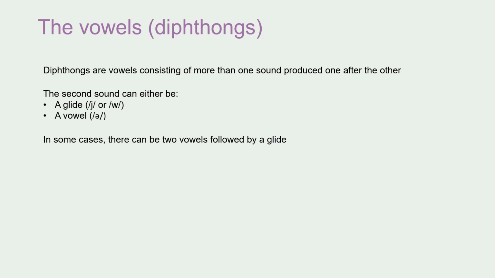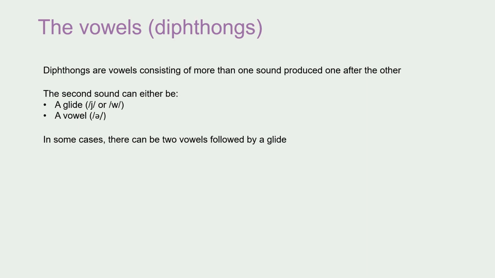It involves a movement of the tongue, essentially. The second sound can either be a glide, that is y or w, or it can be another vowel. Typically it'll be schwa, although we'll see there are other possibilities where things get slightly more complicated.